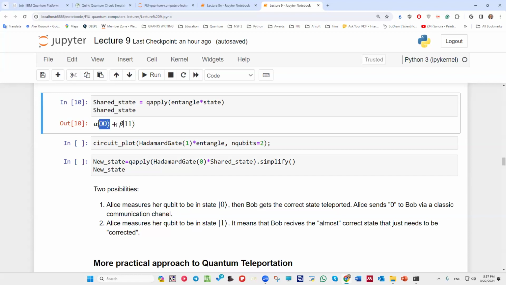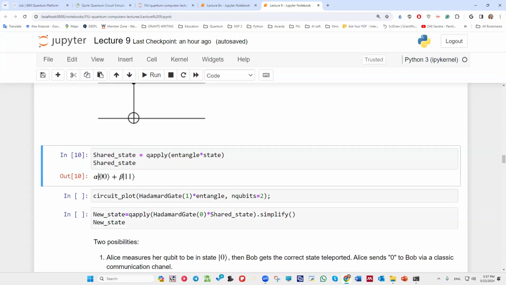So now this state is entangled. As you can see, you cannot write this one as a product of two. But in contrast to the Bell state, we assume that the coefficients are not equal to 1 over square root of 2. Okay, so it's some alpha and beta that can be complex values.